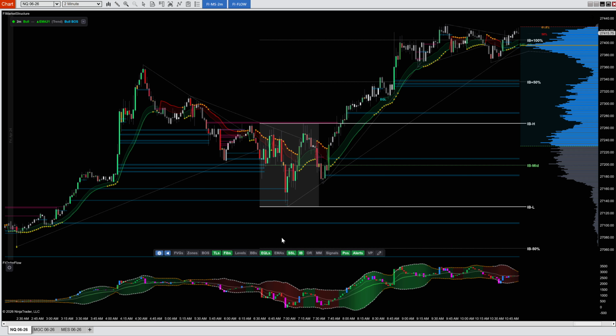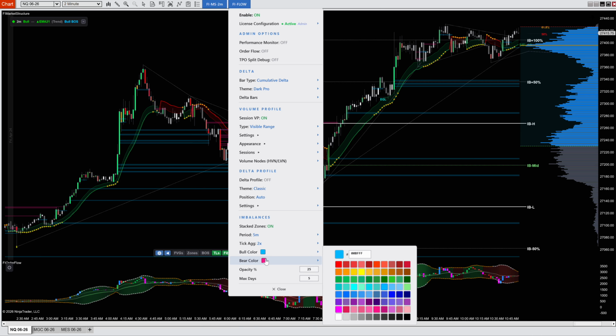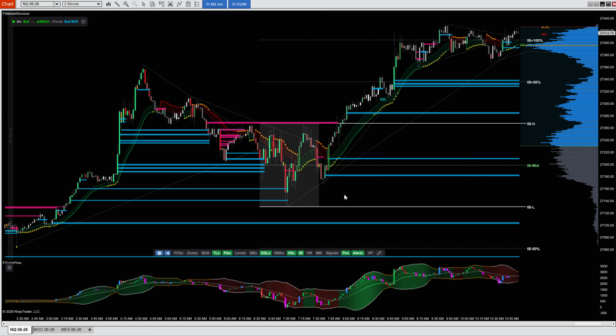So this is the bullish move from pre-market in the Asia session, right? Nonstop stacked imbalances. Then right about here is when you get your first bearish stacked imbalance. Let's do this. Let's go here, stacked imbalances, passive. Let's increase the opacity so you can really see them.